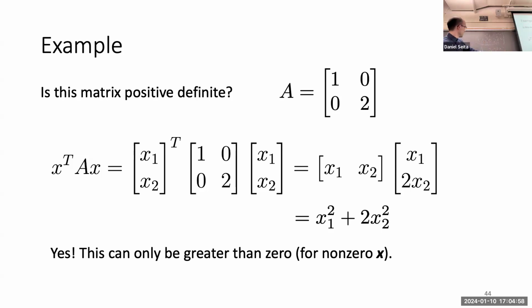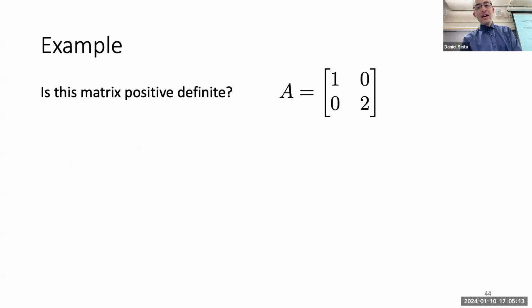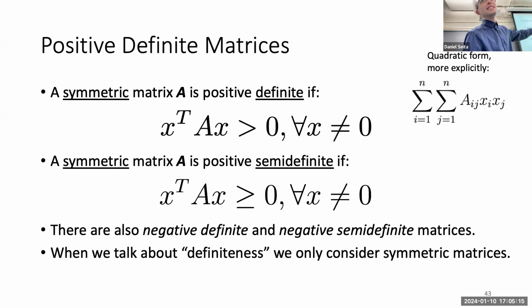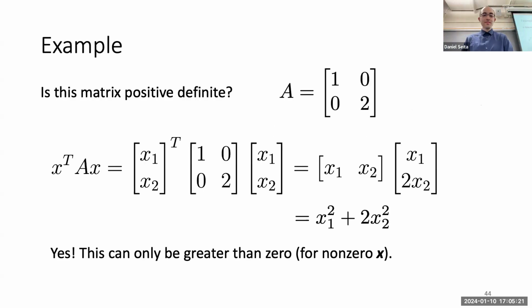And then you have X1 times X1 plus 2X2 times X2. So you get a positive number plus a positive number, unless X is 0, but the definition is only for X non-zero here. So hopefully that's all clear.